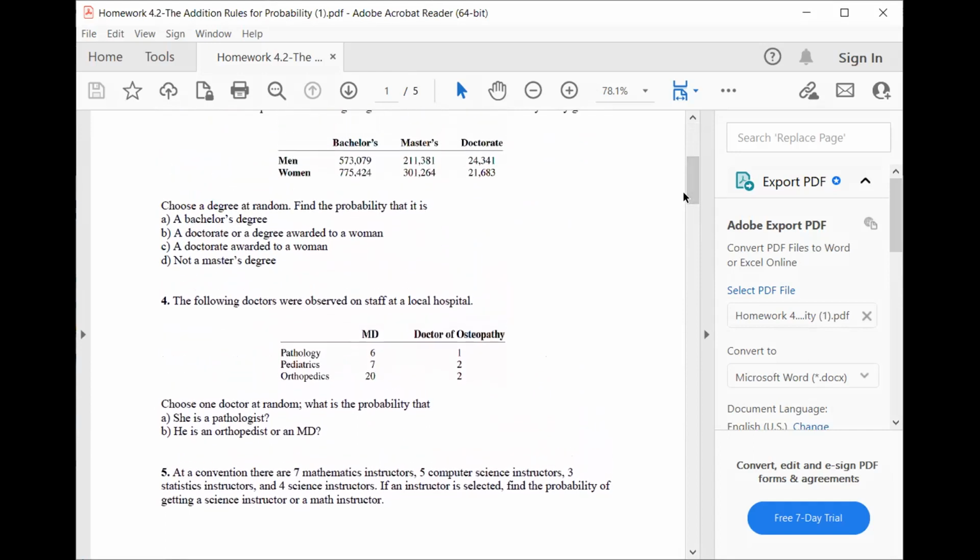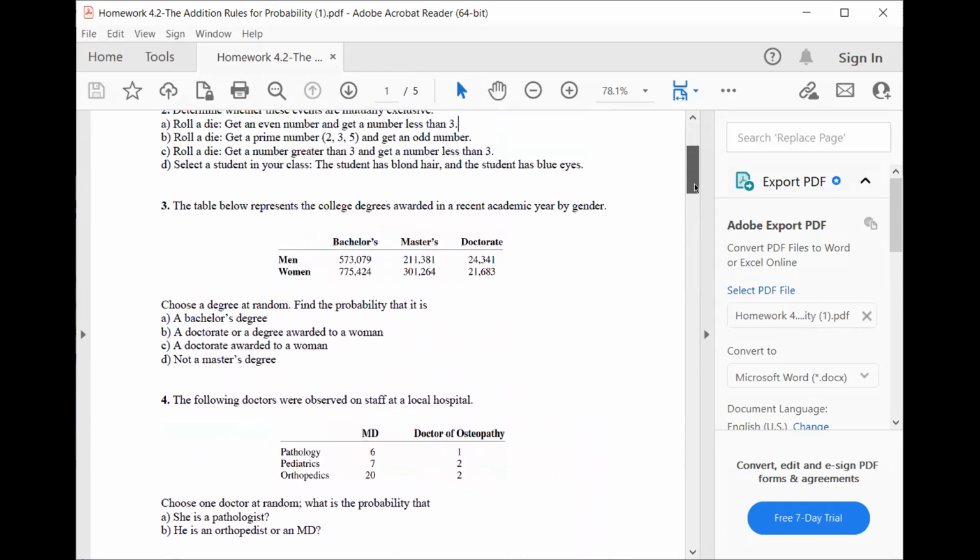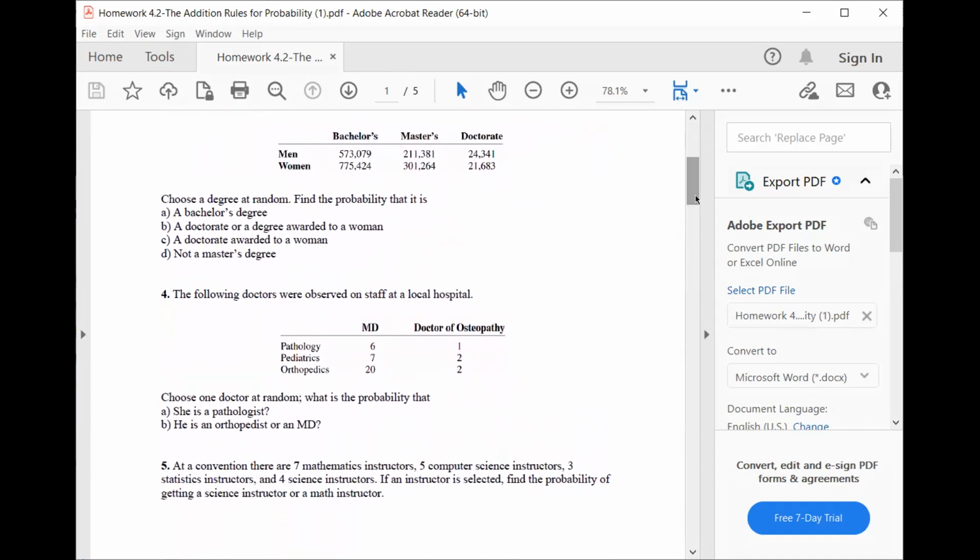And some of them have the totals for you, some of them don't. This one doesn't have the totals. So before you start doing the probabilities, you need to work out the totals, the row totals that go across and the column totals that go down. So you want to work out the row totals and the column totals here. Okay.